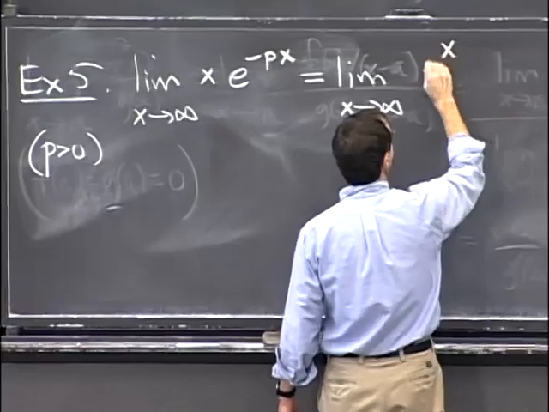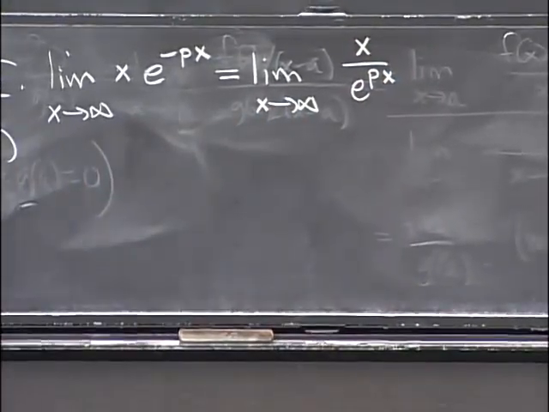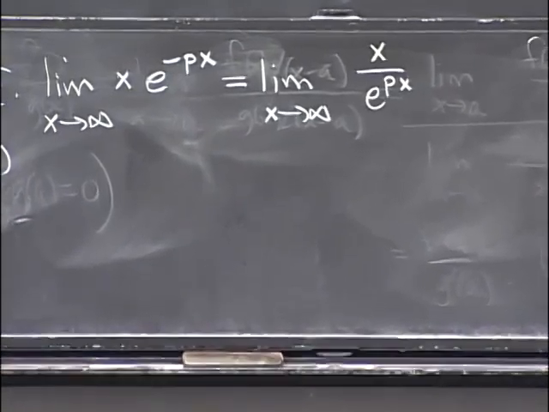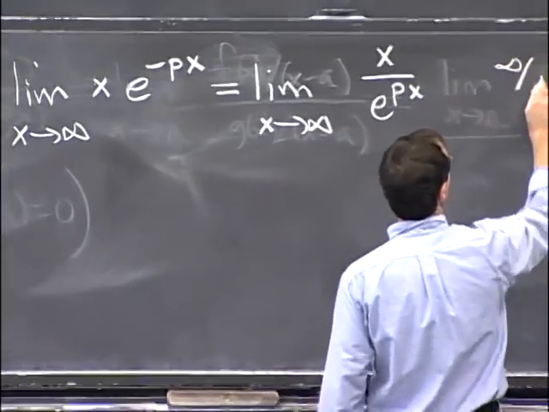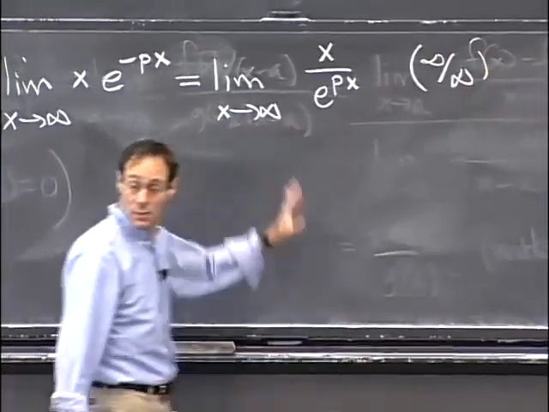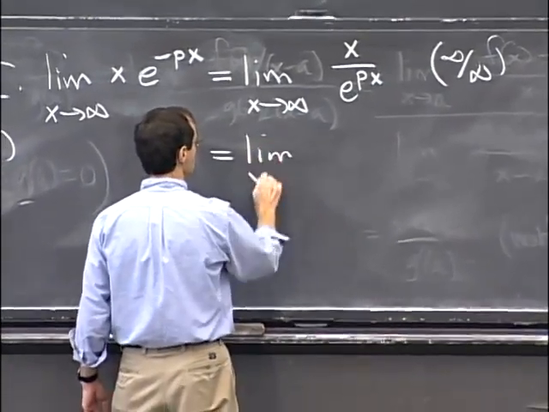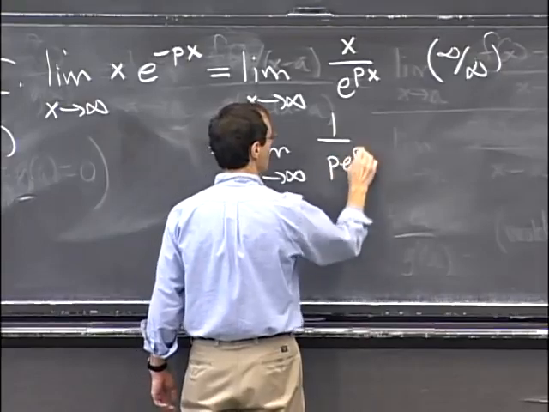And I'm going to write it as x divided by e to the px. And now I'm going to apply, well, so it's of this form infinity over infinity. So we're okay with that. And now that's the same as the limit as x goes to infinity of 1 divided by p e to the px.